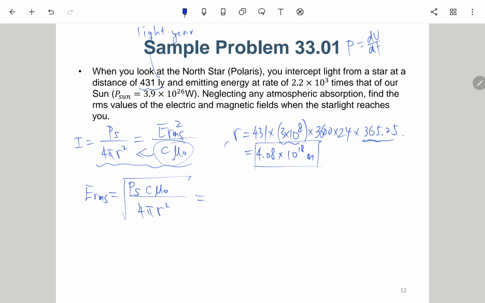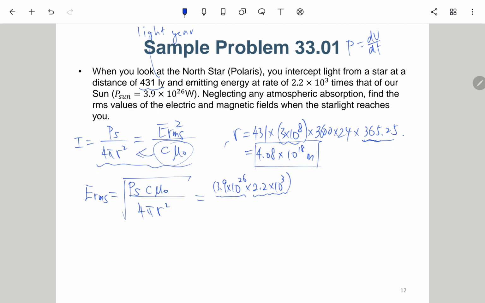So we have P_S is 3.9 times 10 to the 26, and then times 2.2 times 10 to the third. Okay, so this is the power of the sun, and then this is how many times the P of the North Star is larger than the sun.